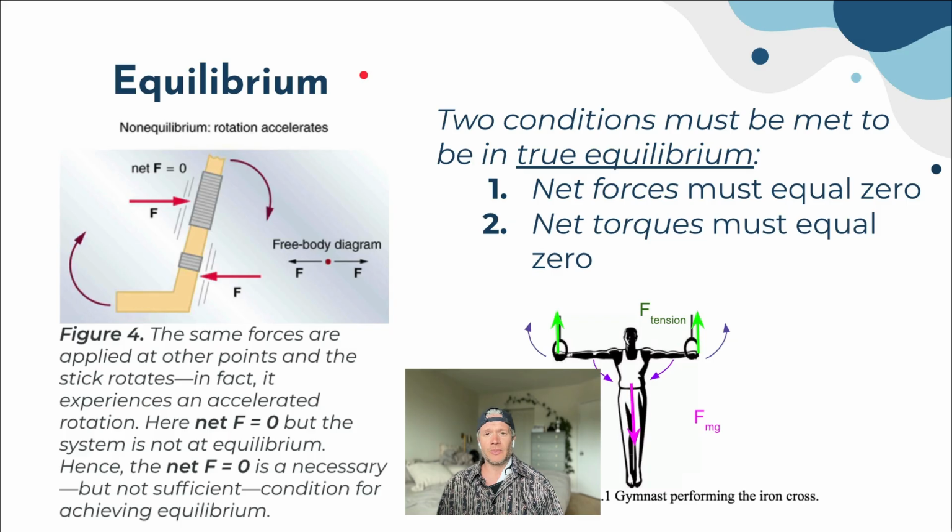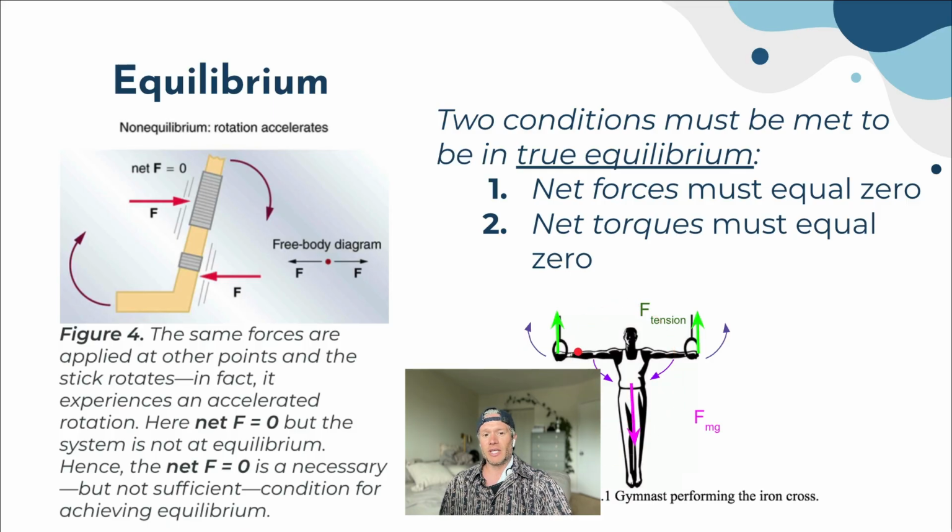So yes, we need our net forces to equal zero on our x and y axes, but we also have to say our net torques must also equal zero. If we look at an example here, we have someone doing an iron cross. We're going to see a video of someone doing this for the world record, or what was once the world record. They're not moving. They're static. They're staying in the same position. They're holding this position.